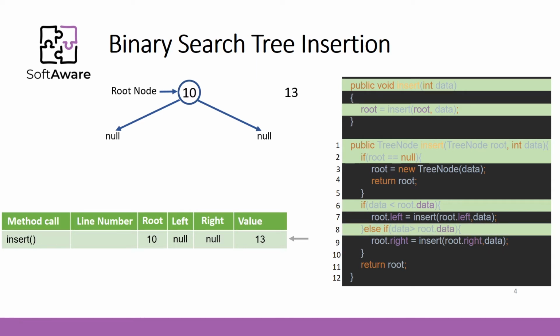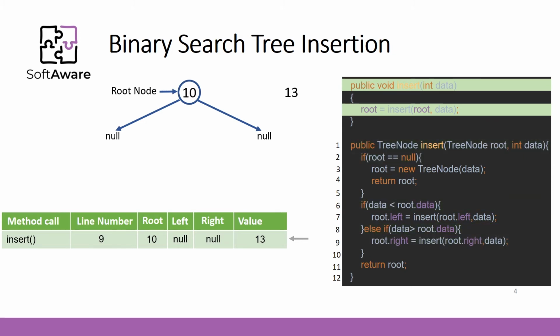At the second check, we know that 13 is bigger than 10. So we point our new root as the right of the actual root and apply our recursion. To keep track of our recursive state, we can write line number where we left our previous run and current state at that line. We left at line number 9, where root is 10 and data element is 13.